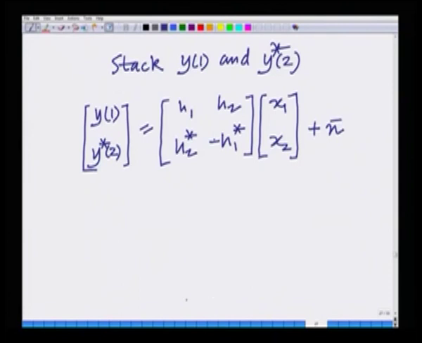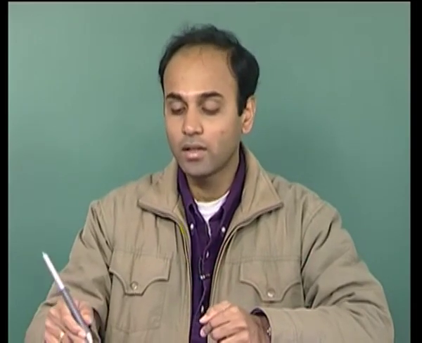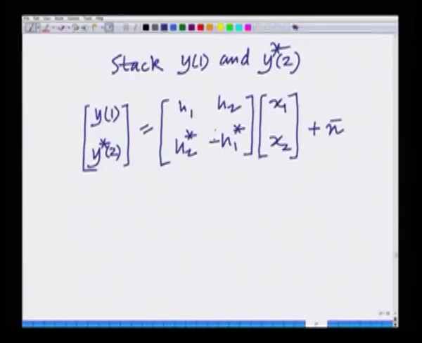So, by stacking these symbols, I have taken this 1 cross 2 system and effectively converted it into a 2 cross 2 MIMO system. Look at this, this is the matrix h1 h2, h2 conjugate minus h1 conjugate.